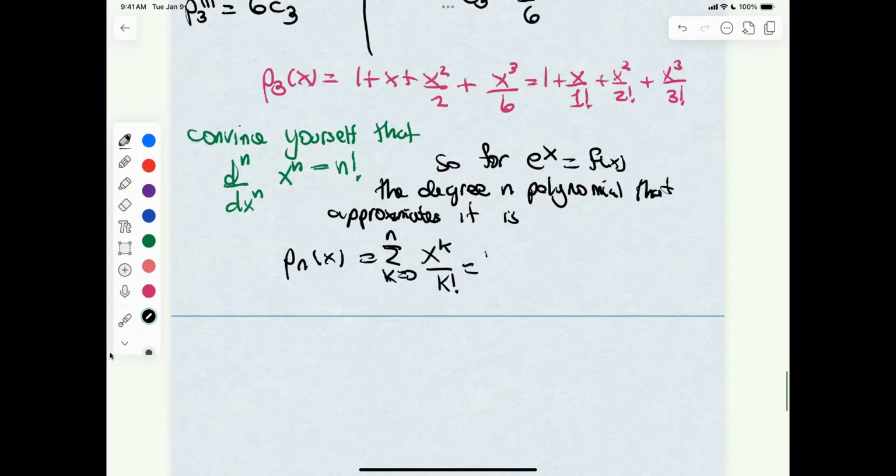So 1 plus x plus x squared over 2 plus x cubed over 3 factorial plus x to the 4 over 4 factorial, up to x to the n over n factorial.